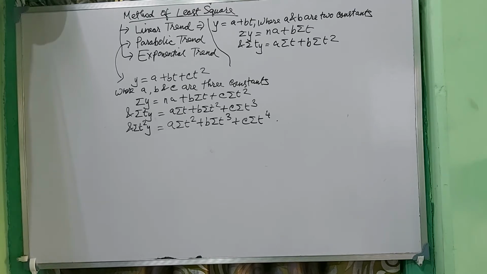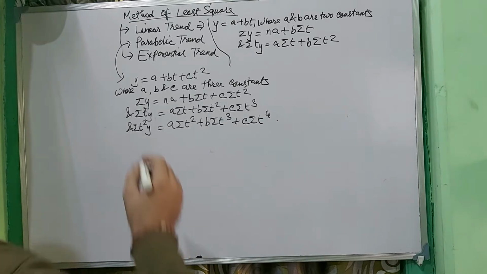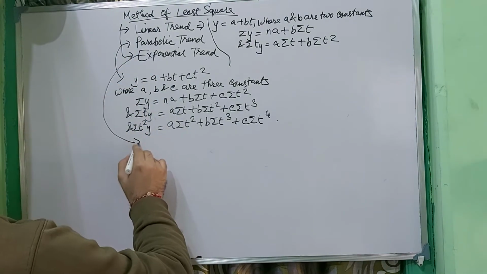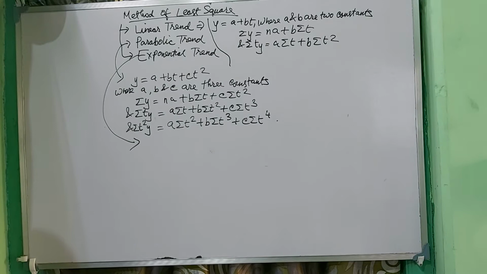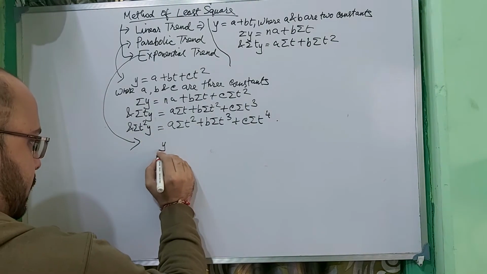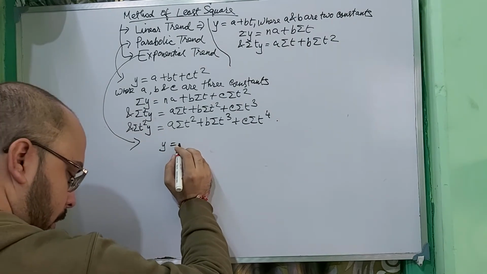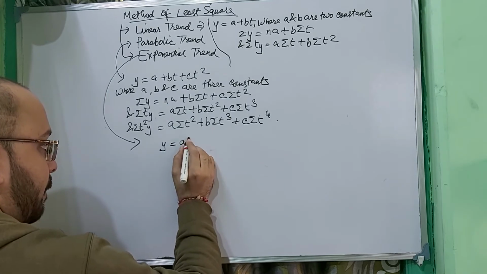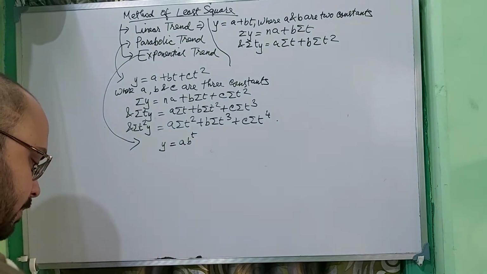And what is the exponential trend? The exponential trend is y = a into b to the power t.